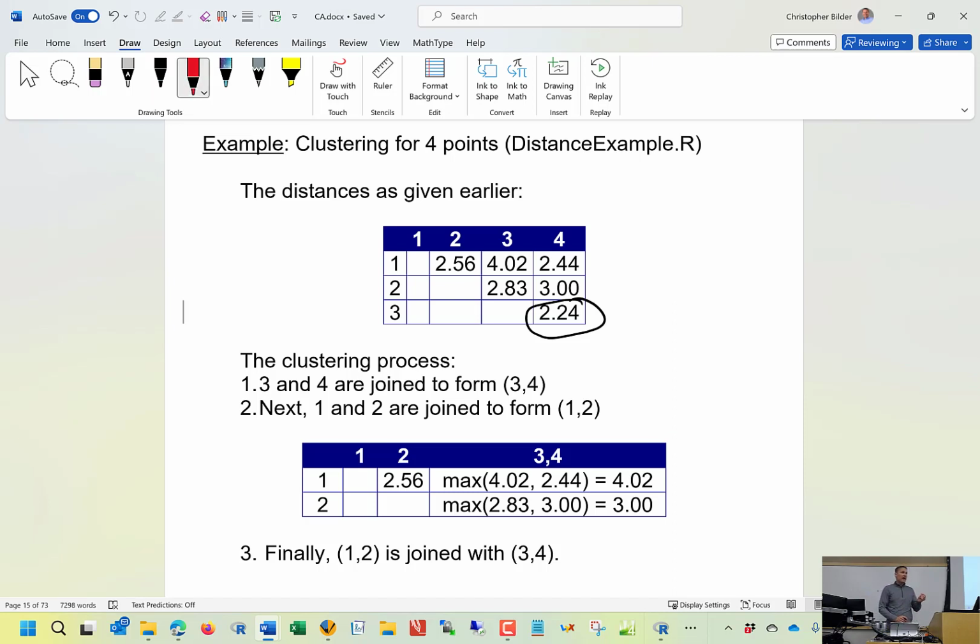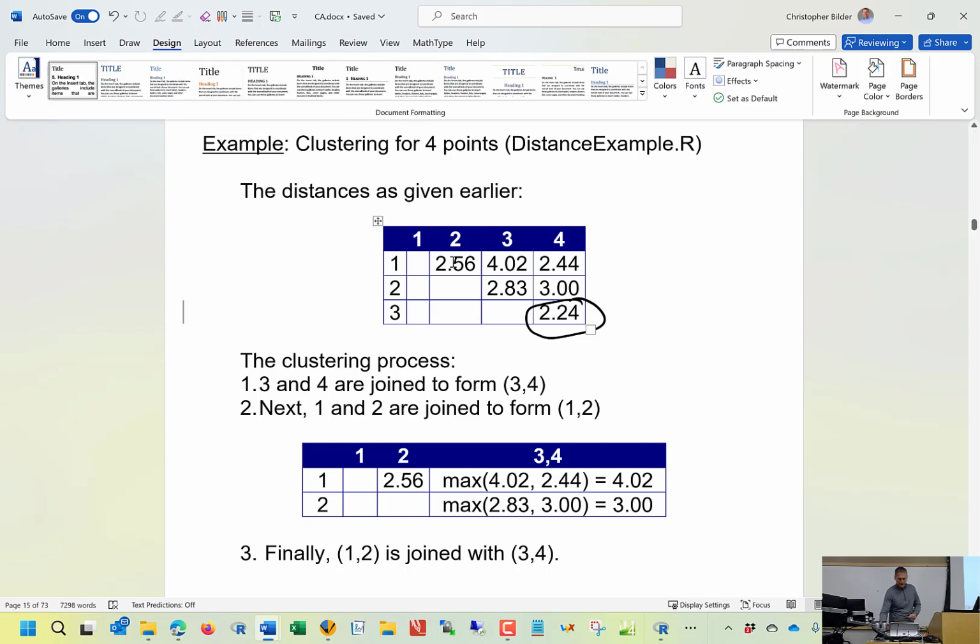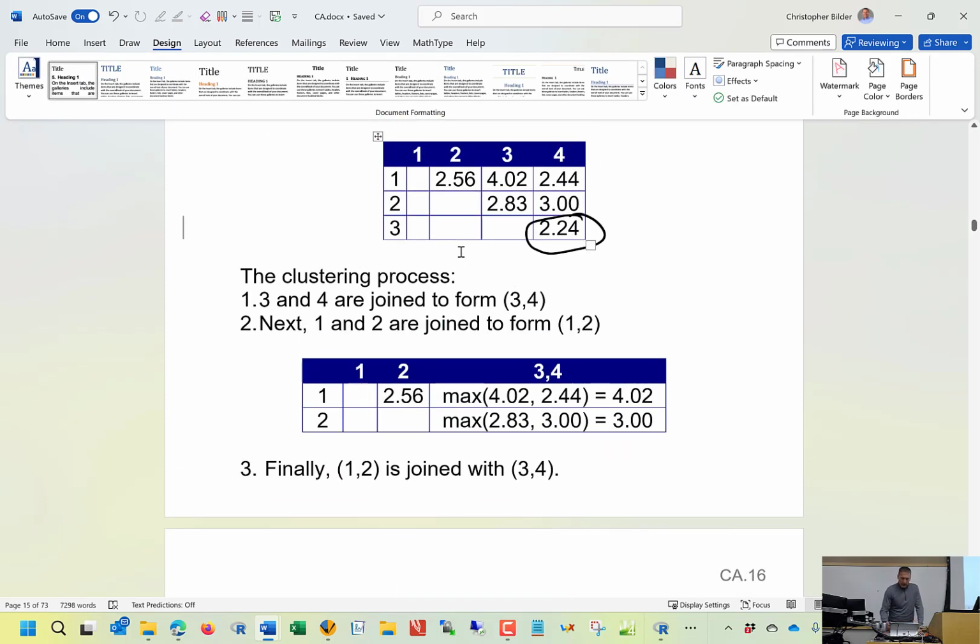Now, where this name furthest neighbor comes into play is next, when I decide which clusters to join. The distance between 1 and 2 is still 2.56. But now what's the distance between 1 and this cluster that has 3 and 4 in it? This is where furthest neighbor comes into play.